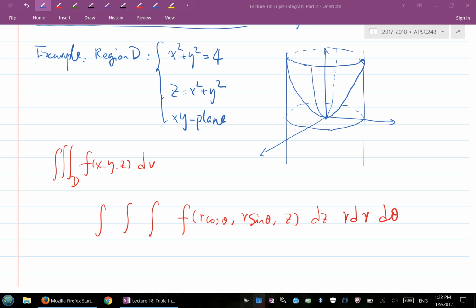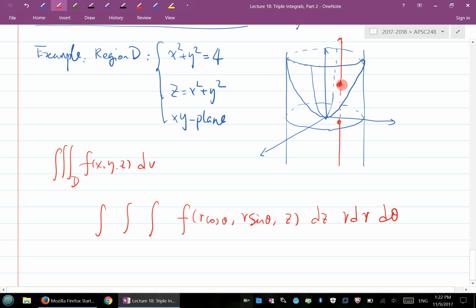Okay, for the z, meaning you first sketch a shadow, which is a circle here. Then you go up, up, up through the boundary. First contact, second contact, right?